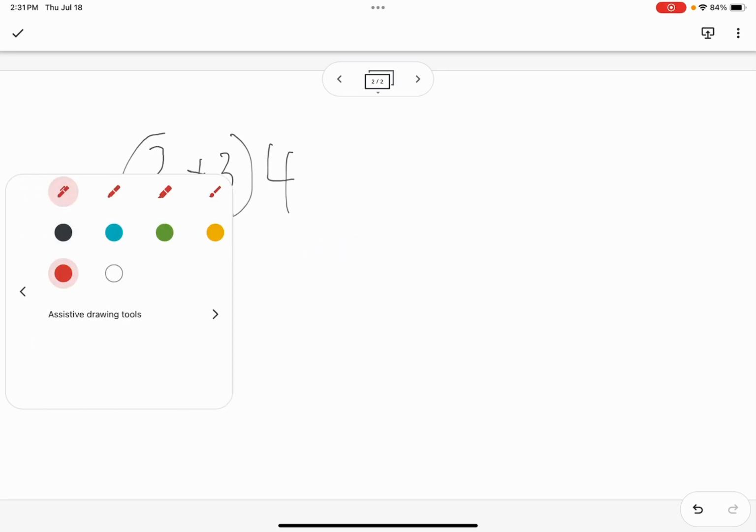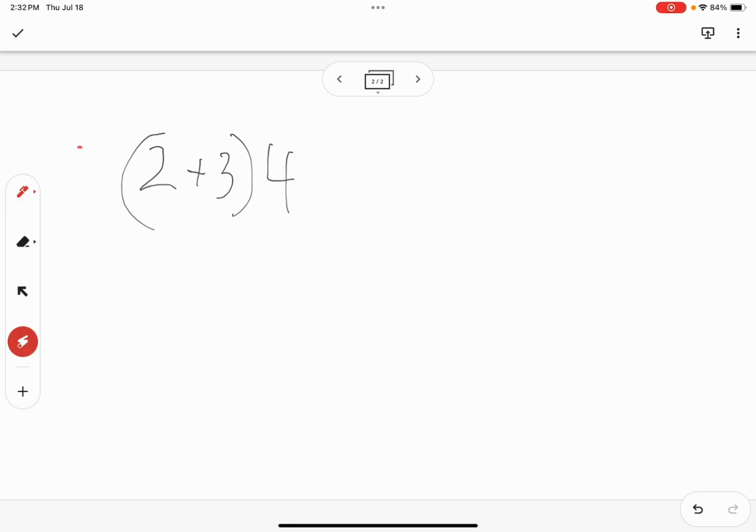It doesn't matter if the 4 is on this side or if it's on this side. If it's outside the parentheses and there's no operation sign of a plus, minus, or division, then we know it's multiplication. So here we have 4 times 3. So we're going to write that down. And then 4 times 2. And then here we bring down this plus sign.